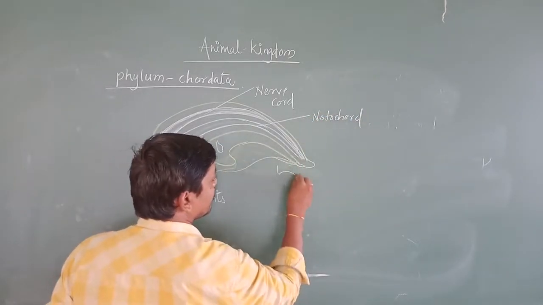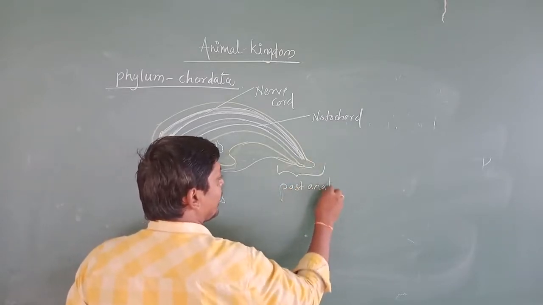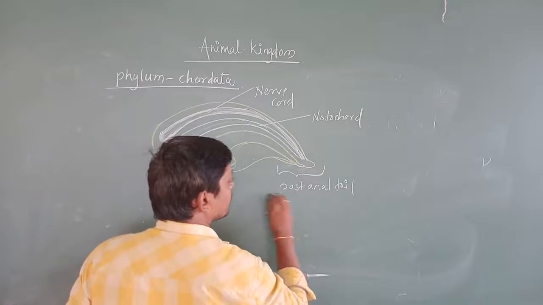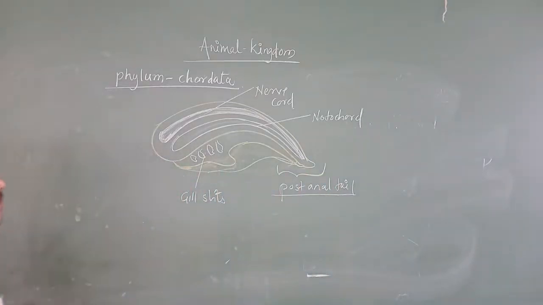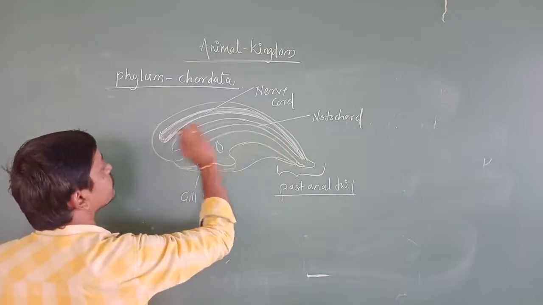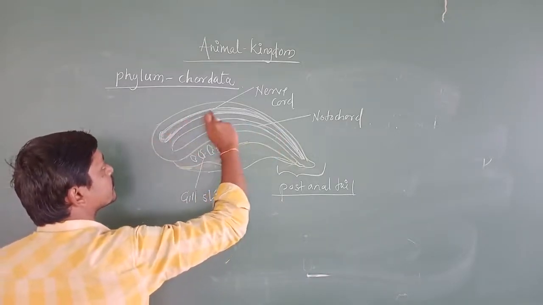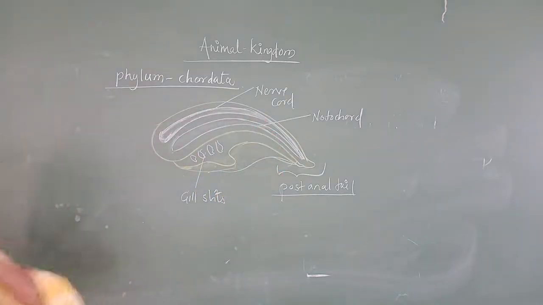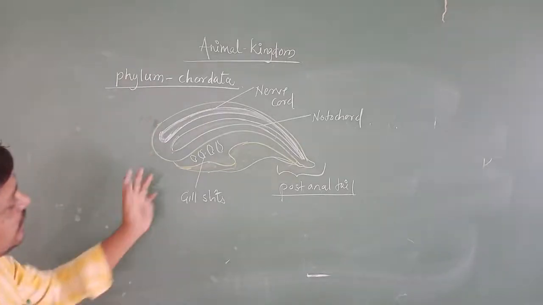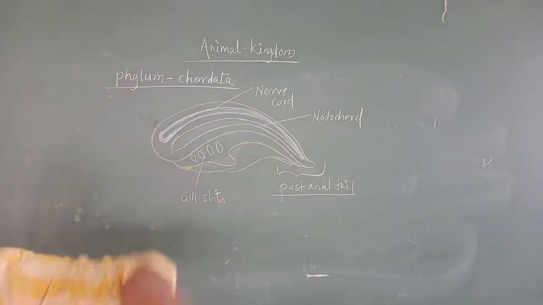And this is what we call the post-anal tail. Understood? So this is the structure showing the general basic fundamental characters regarding the phylum Chordata.